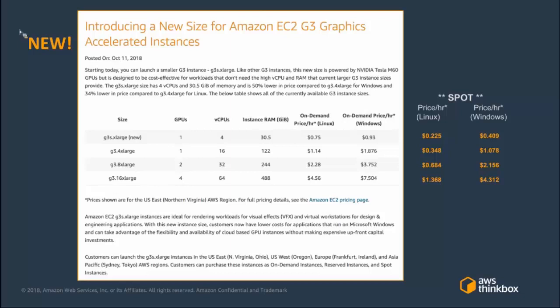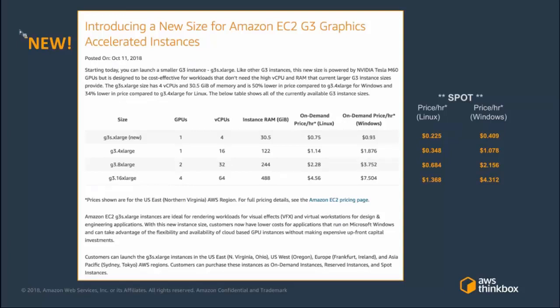You can see it's gone from 34 cents to 22 cents just to get hold of that GPU instance. But what I find quite exciting is the on-demand price has gone from $1.14 to just 75 cents an hour for your workstation.